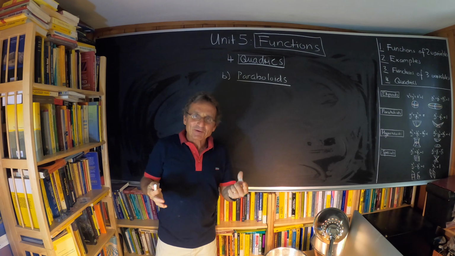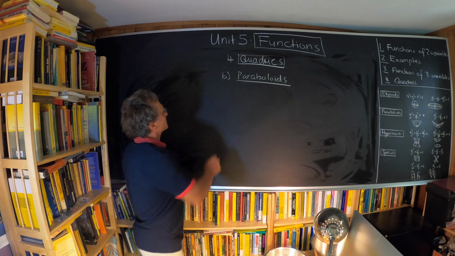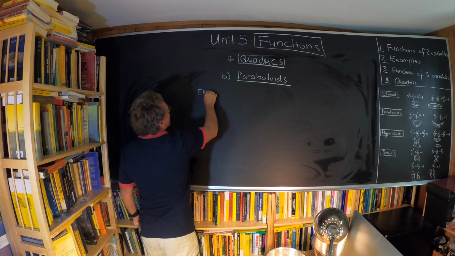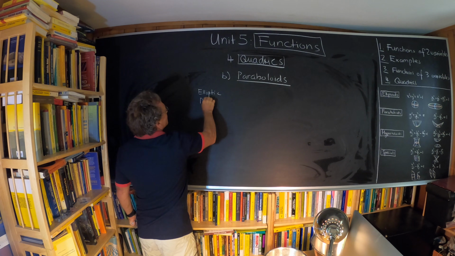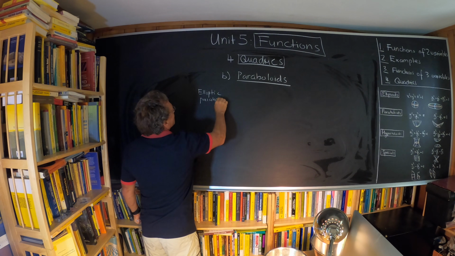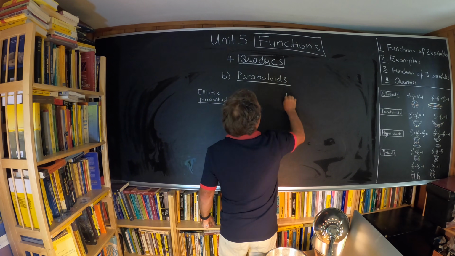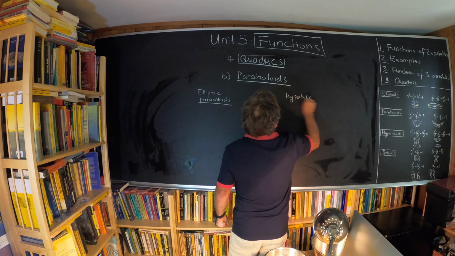Okay, paraboloids come in two shapes. They're elliptic paraboloids and hyperbolic paraboloids. So let me just put that here. These are the elliptic paraboloids. We have seen both. And then we have the hyperbolic paraboloid.